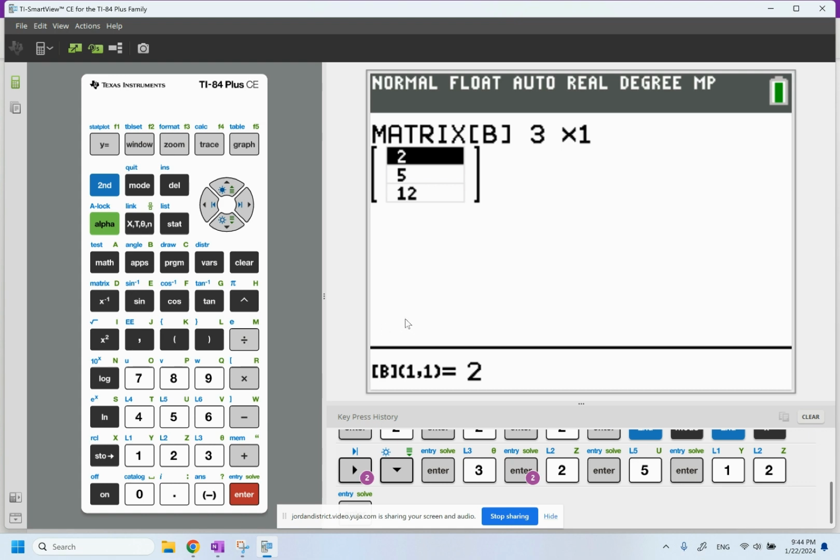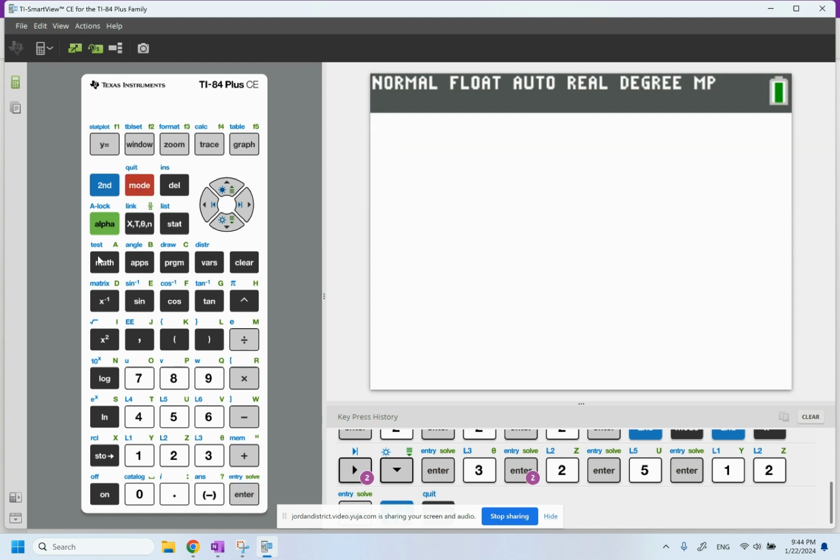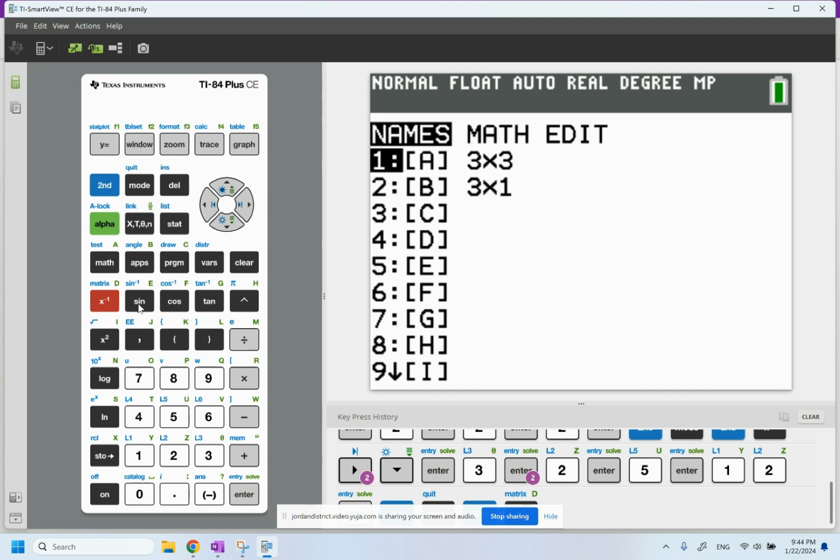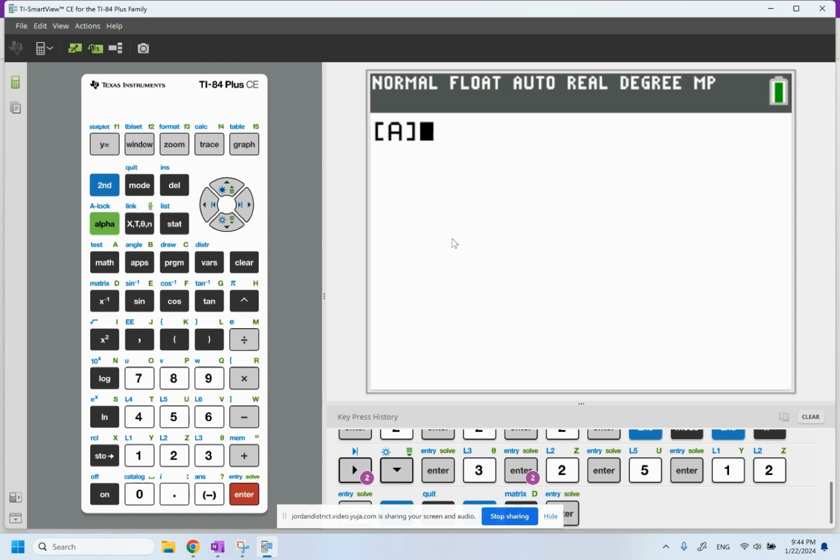And so then, I can go back to quit. If I want to see what A looks like, just to check that I've entered it correctly, I can hit 1 and hit enter, and it puts A out there on the screen.